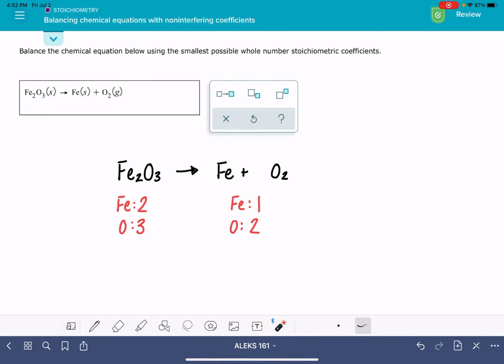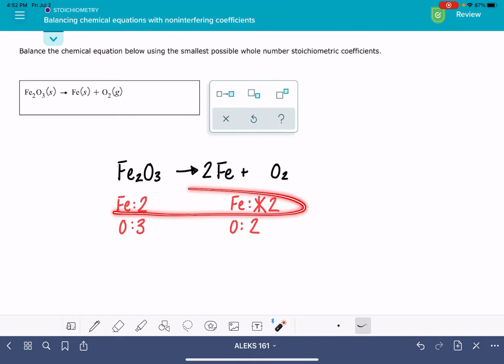And the way that we increase the amount of iron is not by changing the little subscript, but rather by changing the big number that comes in front of the formula. So putting a big 2 out in front here means that we have 2 irons, and instead of having 1 iron atom, now we have 2, and now our iron has been balanced.